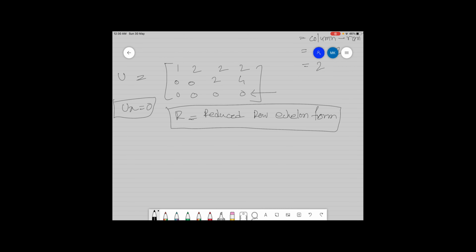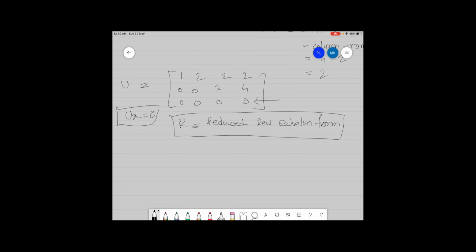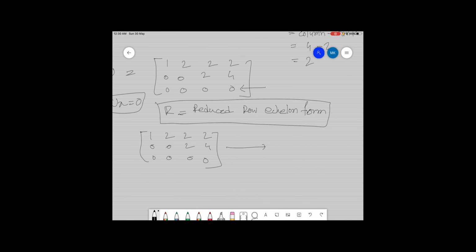Okay, so now to get the row echelon form: in the upper triangular matrix we try to get zeros below the pivots, right? In case of R we will get zeros above and below the pivots. So from this matrix 1 2 2 2, 2 4, I want to get 0 in this position.